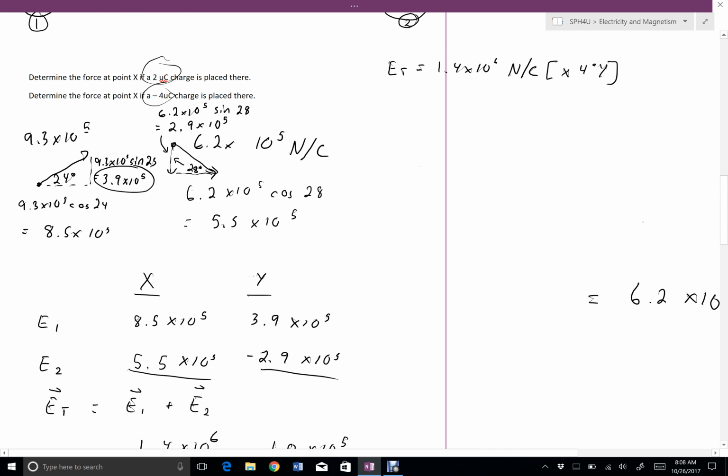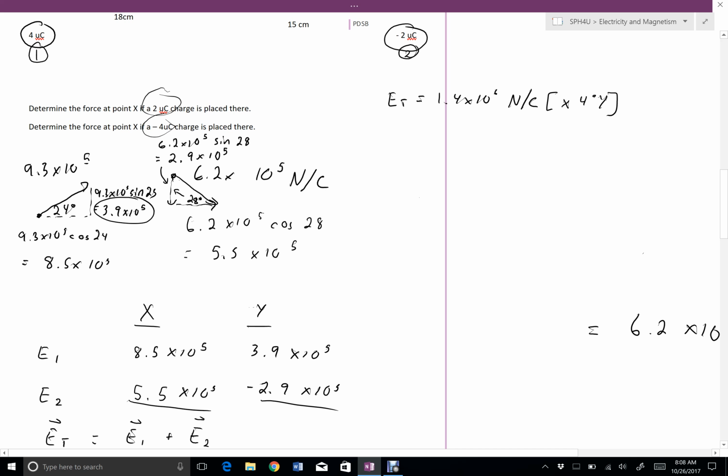Okay. How can I determine the electric forces? Well, it becomes very easy. So let's determine the electric force if a 2 microcoulomb charge is put at that place. Just like we did with the force of gravity, where we made little g, the gravitational field strength of Earth, now that we have the electric field, we can simply multiply it by the charge to get the overall force acting on the particle.